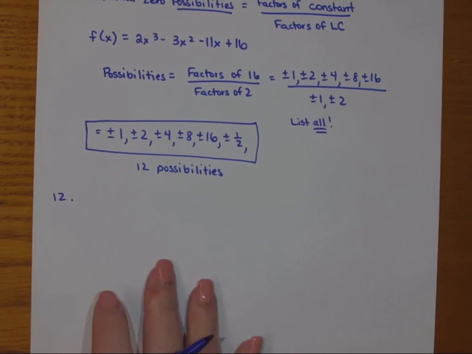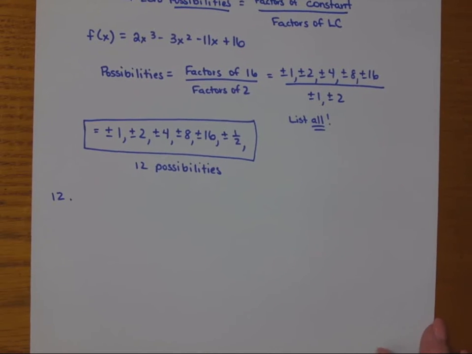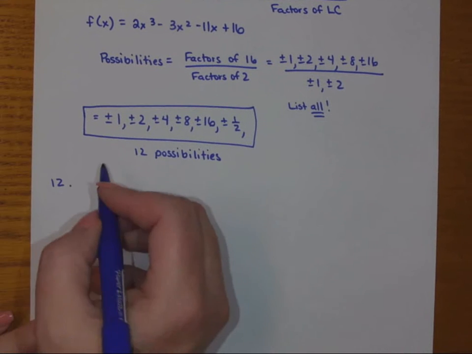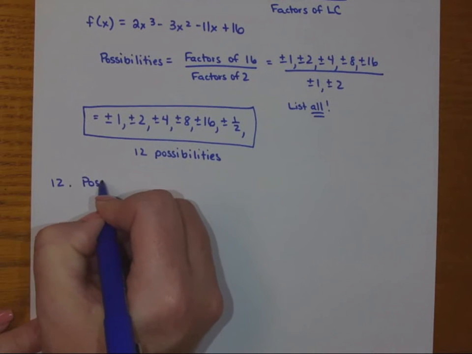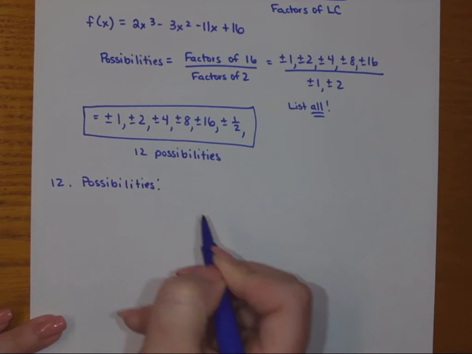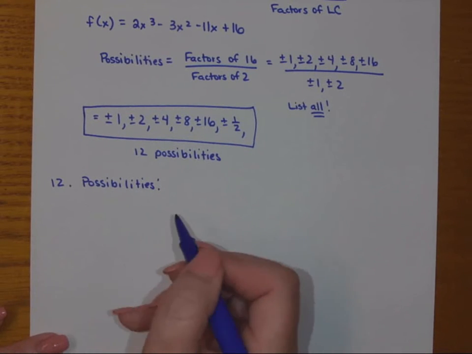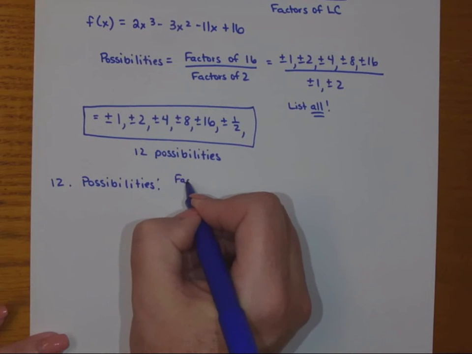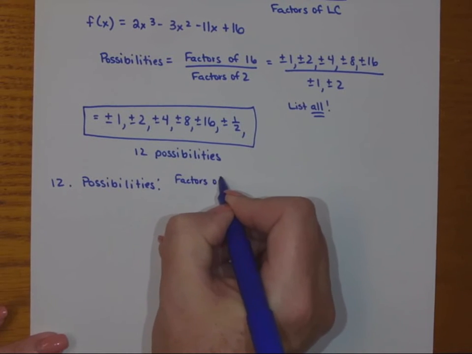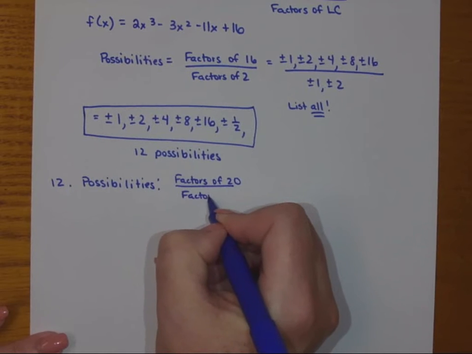All right, so let's go through 12 through 14. First you're supposed to list the possibilities, so we're just going to do that real quick, and then we're going to talk about which ones work. So the possibilities for g of x on number 12 would be the factors of 20 over the factors of 1.